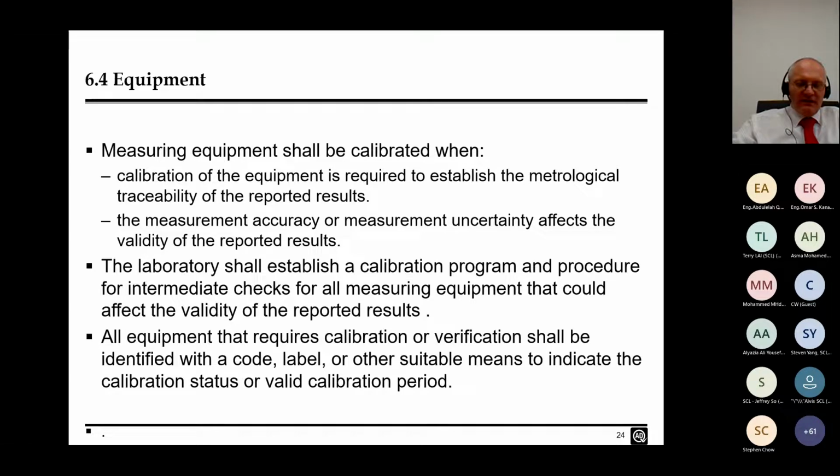It's not the only way in which we can establish things, but it's the most normal that we do a calibration, say every year, and we do an intermediate check every 6 months. But those separations depend on your calibration program, and your calibration program should be made to make sure that you're going to get sufficient accuracy for your measurements.